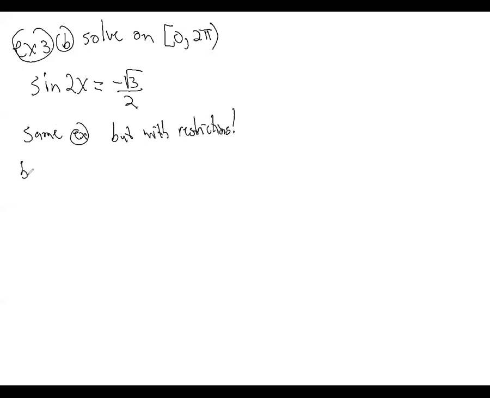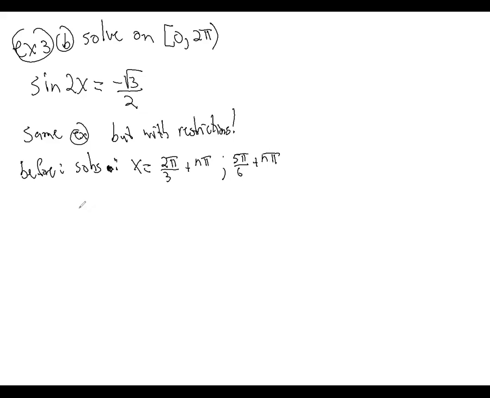So from before, the solutions: x equals 2 pi over 3 plus n pi and 5 pi over 6 plus n pi. But now we have to account for the restrictions.